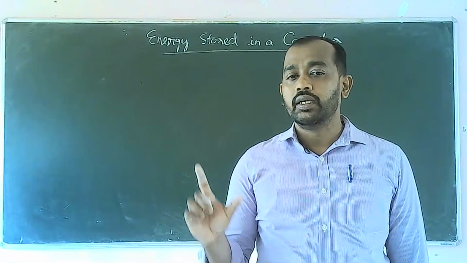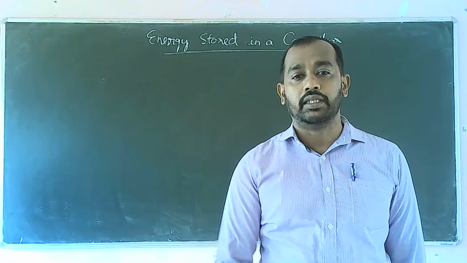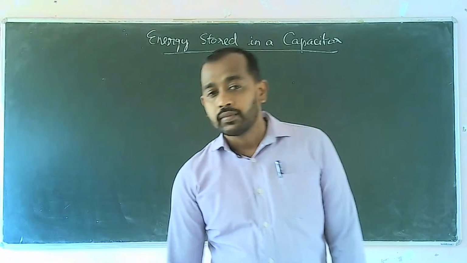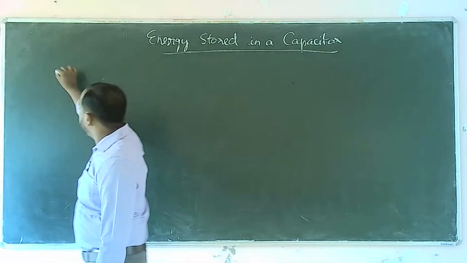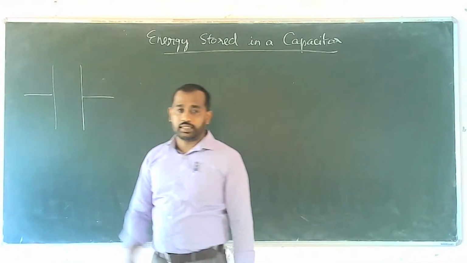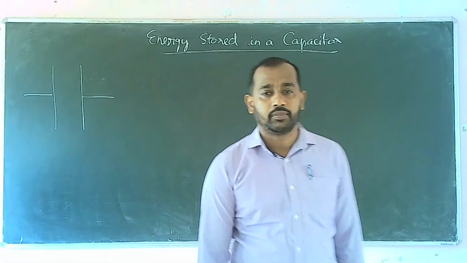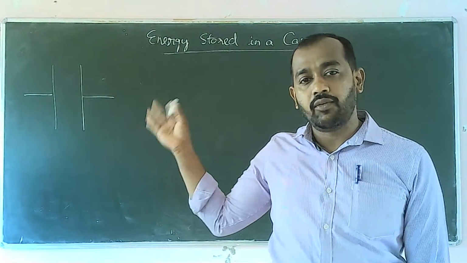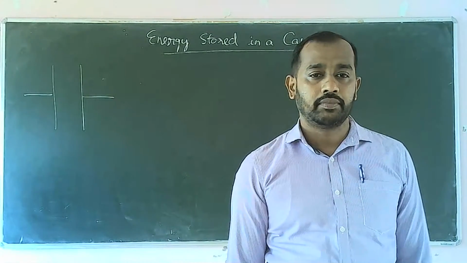First, we are going to consider a capacitor whose capacitance is represented as C. The capacitor contains two conducting plates. One of them will be positively charged and the other negatively charged.